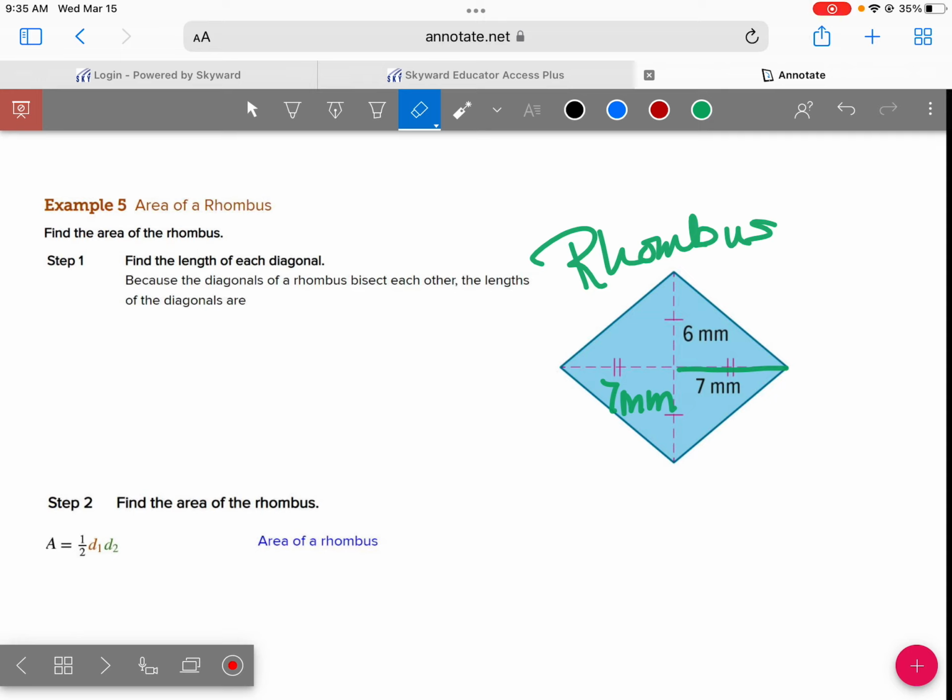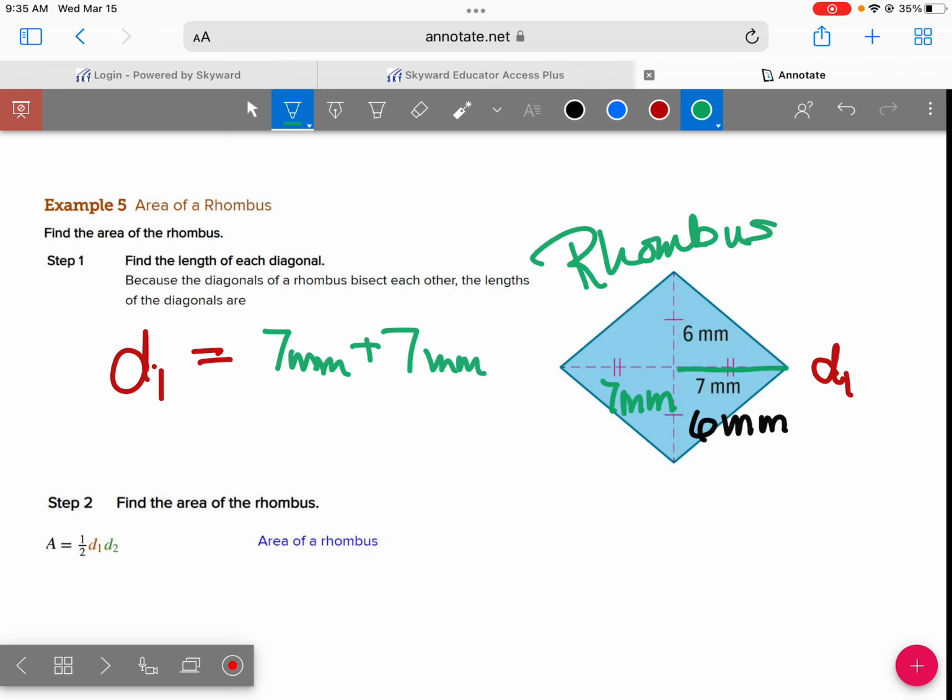And if the top part is 6 millimeters, then it's going to be 6 millimeters on the bottom. So diagonal 1 is going to be 7 millimeters plus 7 millimeters, which is equal to 14 millimeters.